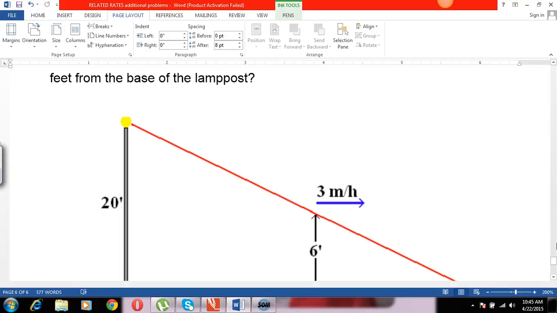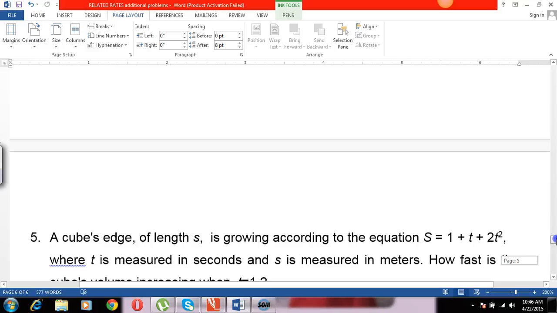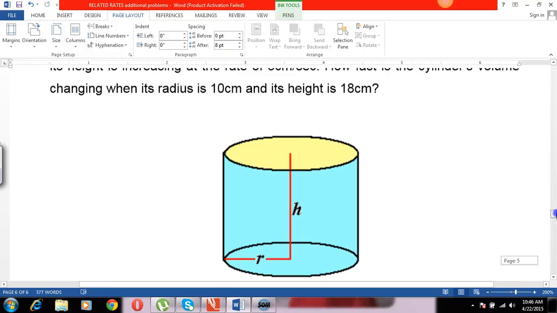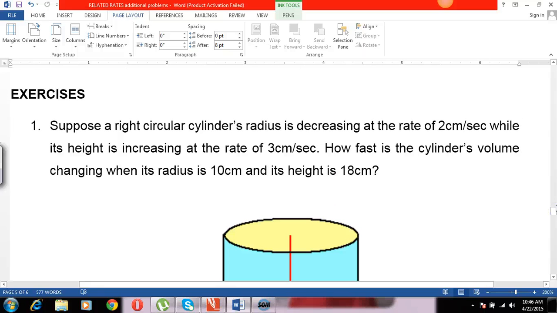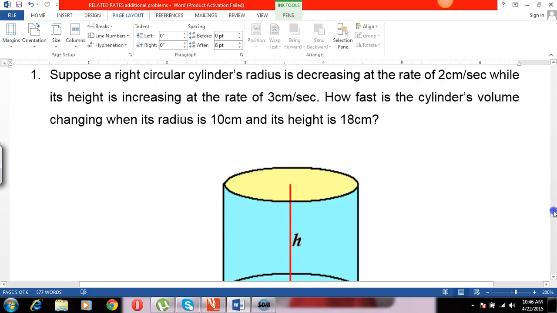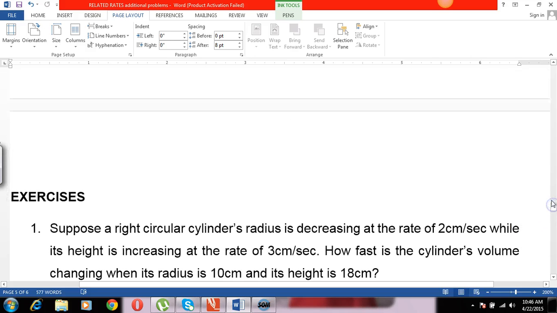I repeat, next week Monday before 12 p.m. These 7 exercises you have to submit before 12 p.m. next Monday. Today is Wednesday. You have to submit Monday.